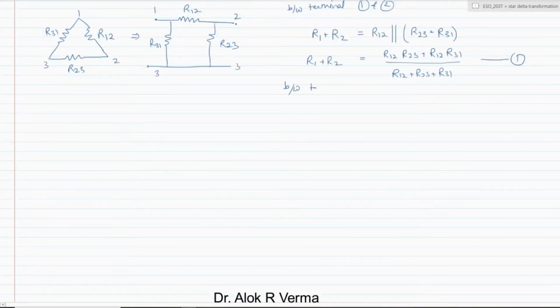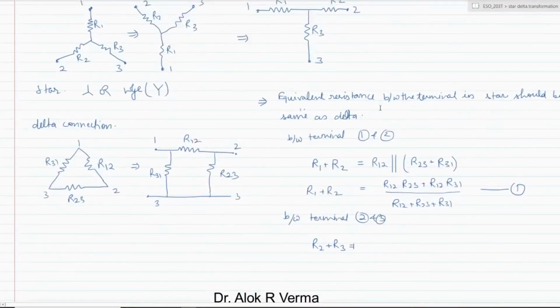Between terminals 2 and 3, we'll have R2 plus R3 in the star, and the equivalent from the circuit between 2 and 3 is R12 plus R31 in parallel with R23, correct?